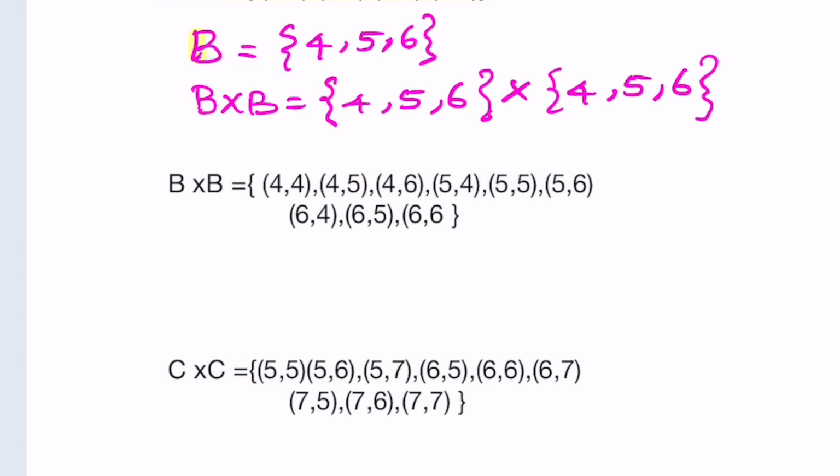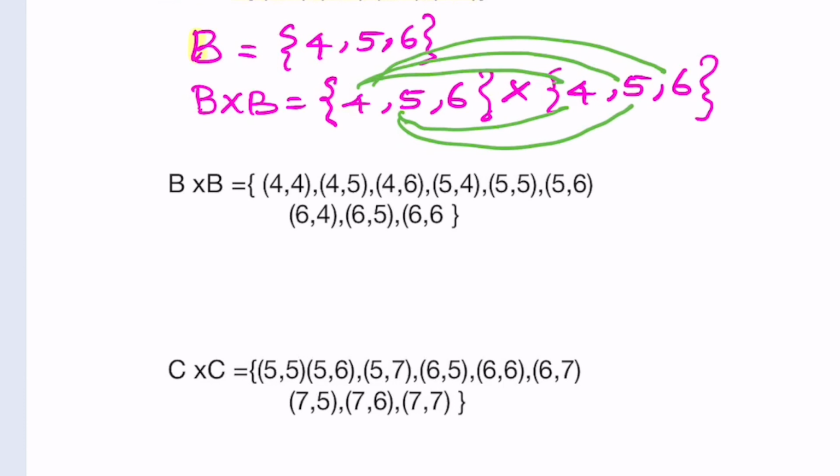So to find the ordered pairs between this, 4 to 4, 4 to 5 and 4 to 6, 5 to 4, 5 to 5 and 5 to 6 and 6 to 4 and 6 to 5 and 6 to 6.